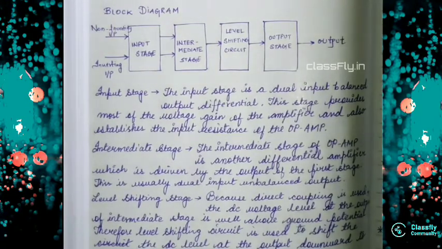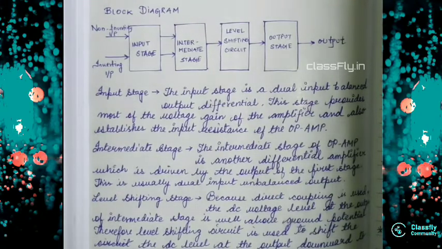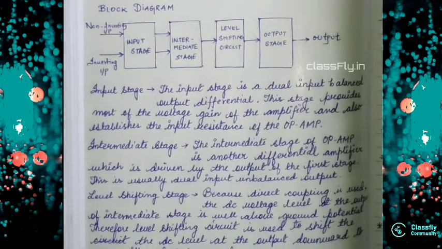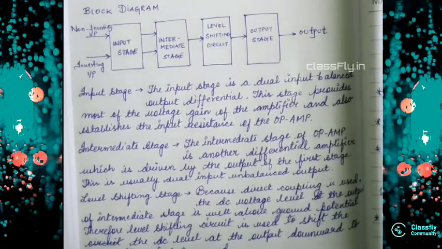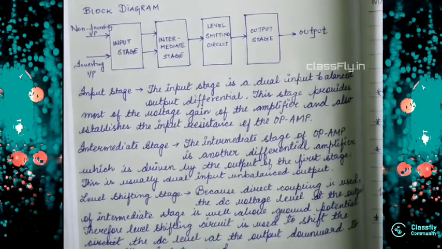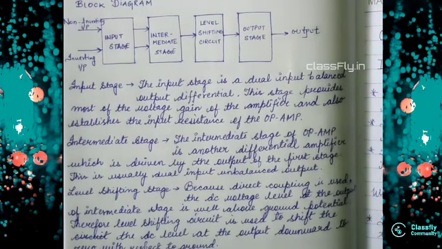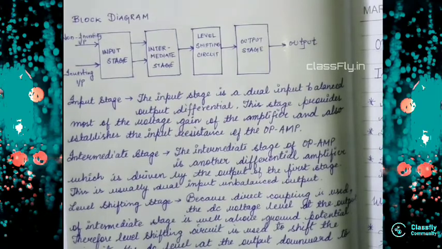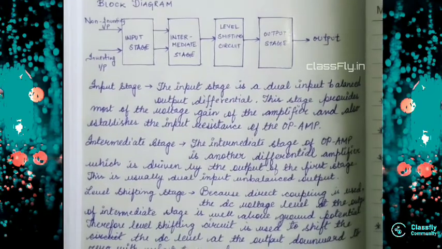So today, as I told, in part 3 of the OP-Amp, that is the operational amplifier, we will do the block diagram. Why do we need the block diagram? Basically, for anything we should know its input and what its internal functions are.